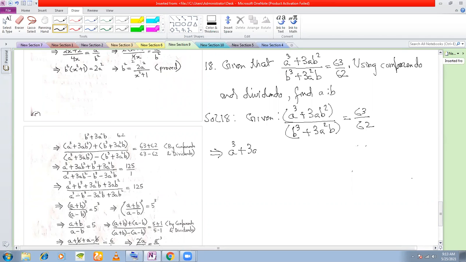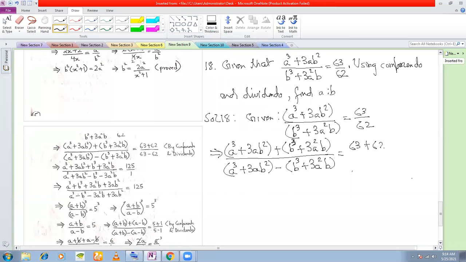A cube plus 3ab square plus the denominator b cube plus thrice a square b divided by a cube plus 3ab square minus b cube plus thrice a square b is equal to 63 plus 62 by 63 minus 62.